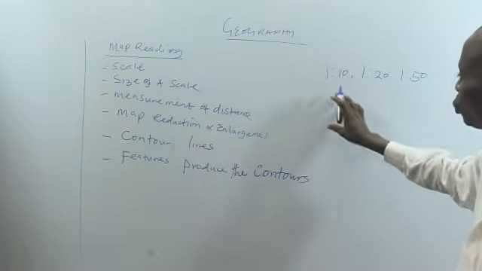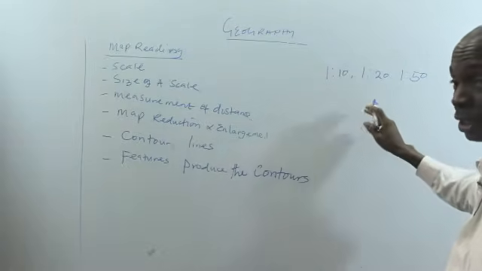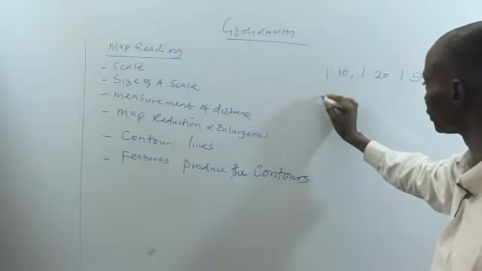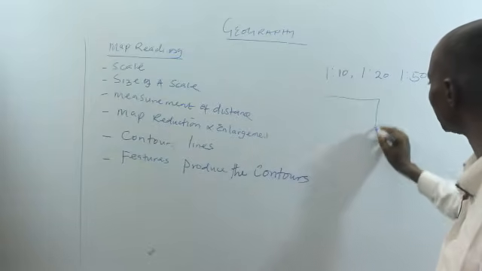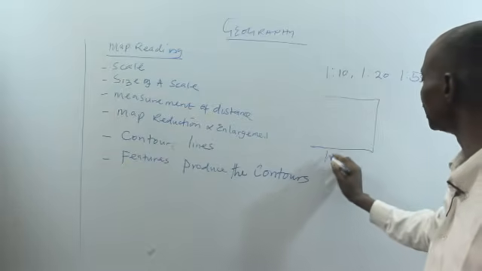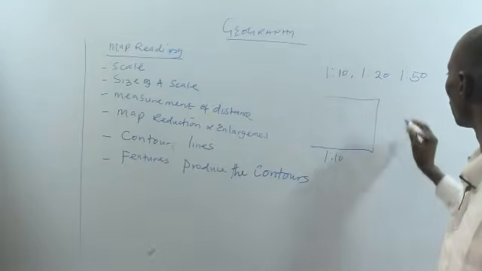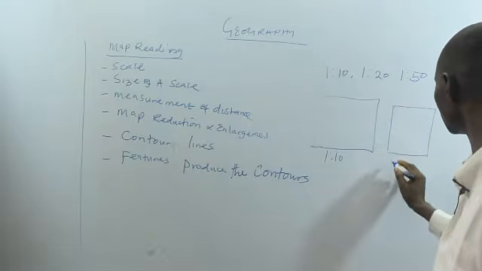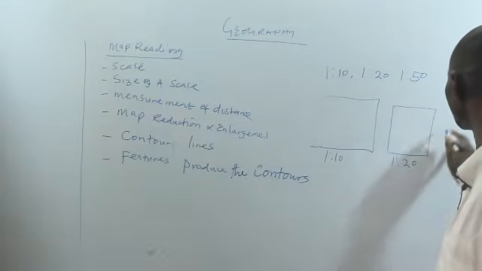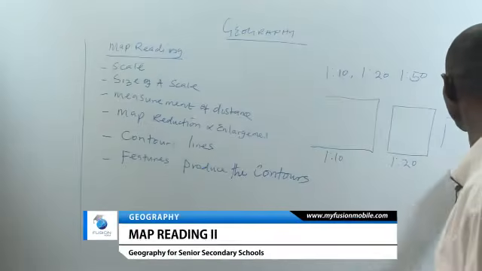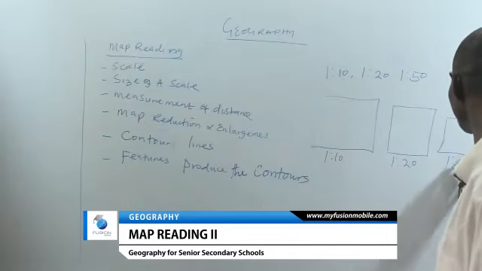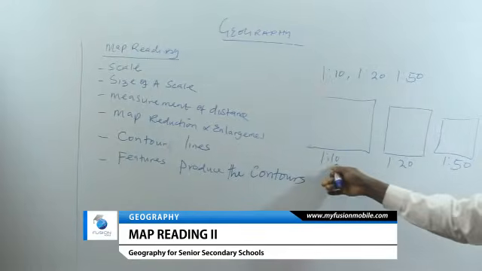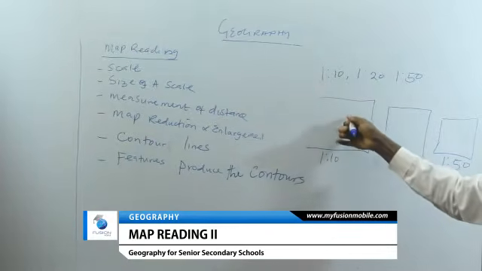For instance, if I want to draw a map to these scales, with what I've explained, we are going to discover that the map of 1:10 will be like this. 1:20 maybe like this. Then 1:50 will be like this. That shows that the smaller the scale, the larger the map.